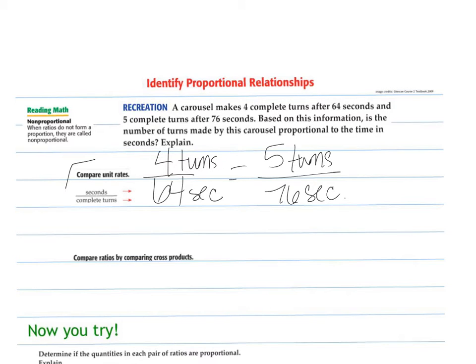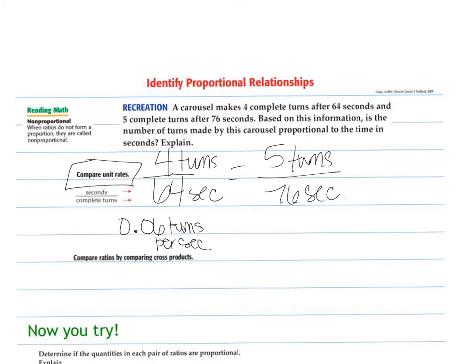One way that we can solve this is we can compare the unit rates. So 4 turns in 64 seconds, we want to know how many turns in 1 second for each one. Remember, we just take the numerator and we divide it by the denominator. So I'm going to do 4 divided by 64, and I get 0.06 turns per second.